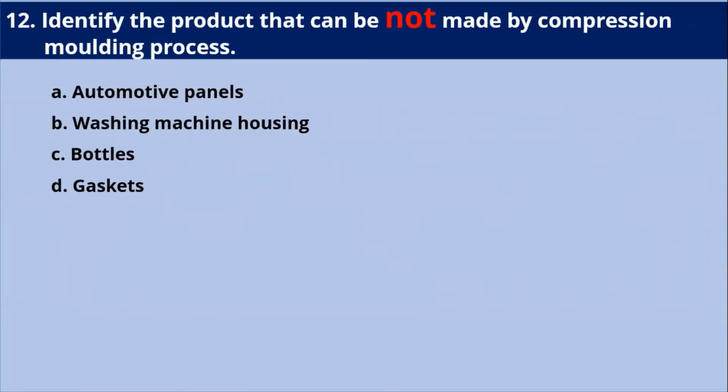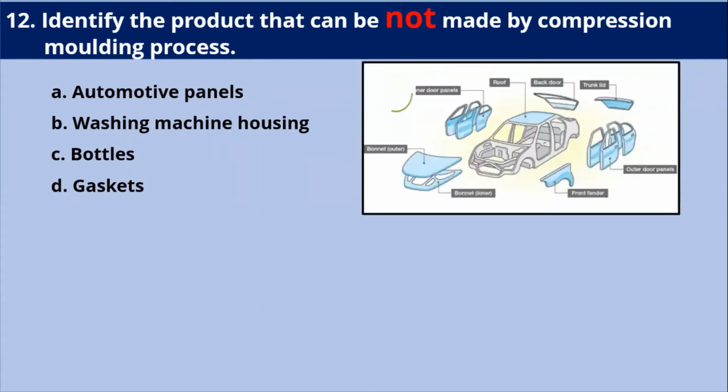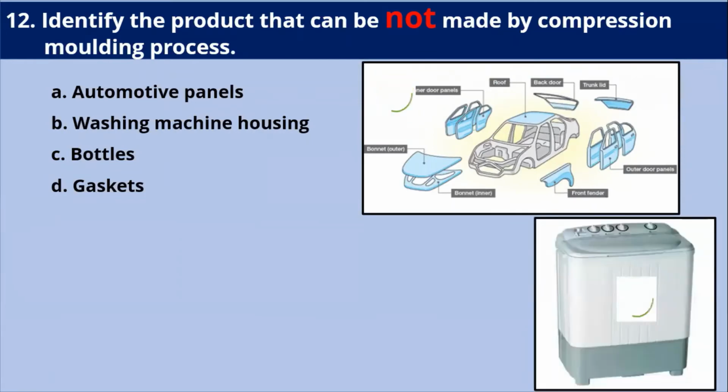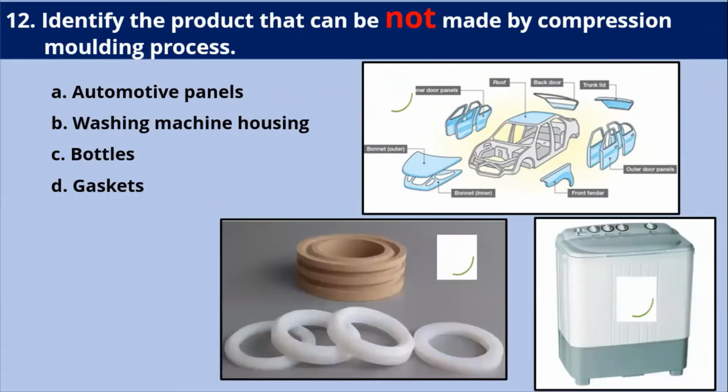Next question. Identify the product that cannot be made by compression molding. Here I have shown that the automotive panels, the washing machines and the gaskets, all these are made by the compression molding process, because these all are simple shapes.